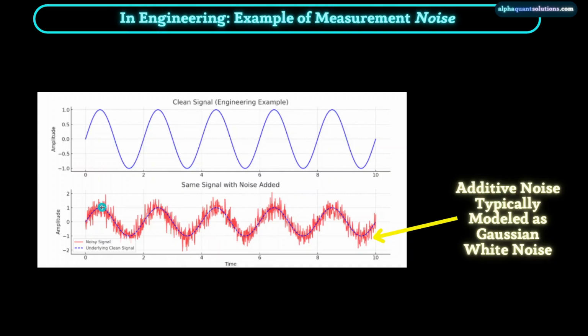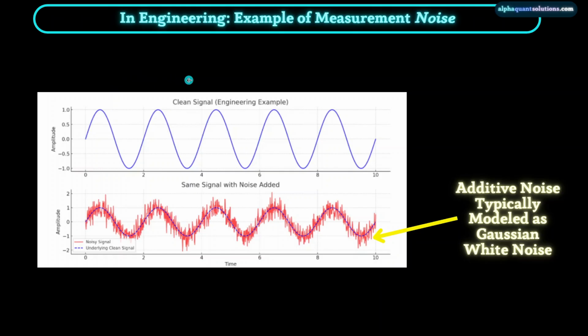The output is the red signal, which is the blue line with additional noise that we have added on top of the blue line, and the result is the red line. This additional noise is what we usually model in engineering by calling it an additive noise, and it's typically modeled as a Gaussian white noise.